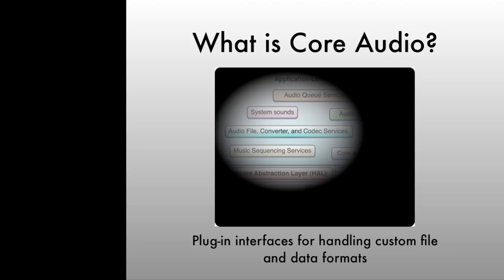There's also plug-in file formats for handling your own custom file formats. If you've got your own formats that you want to support or use, a cousin of mine wrote a LAME encoder using Core Audio, and then there's OGG support. There's a whole bunch of different types of unique and custom file export and import units that you can use and that you can write.